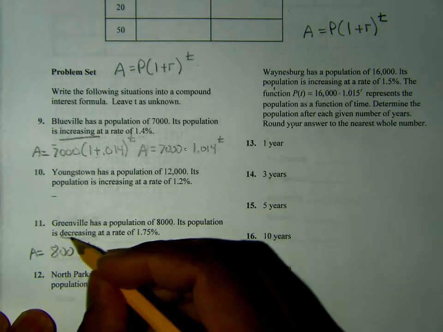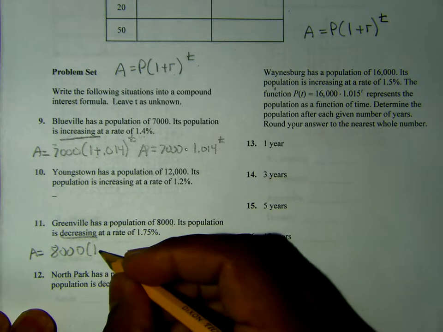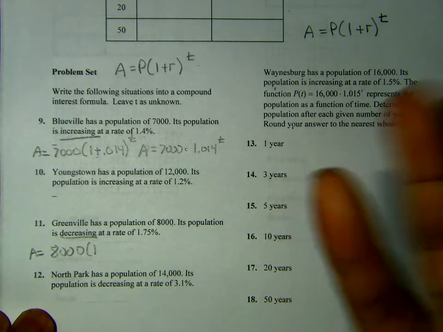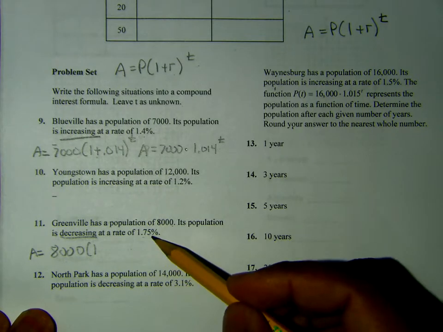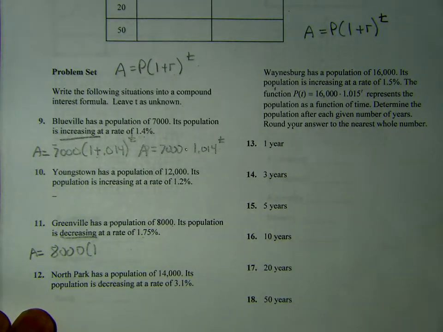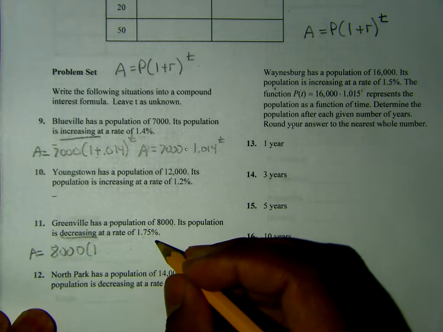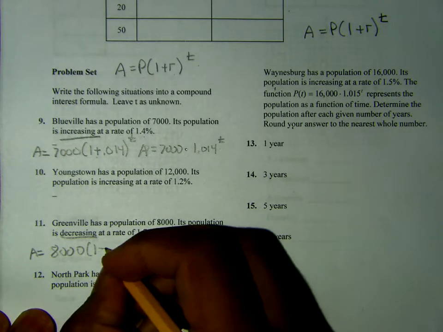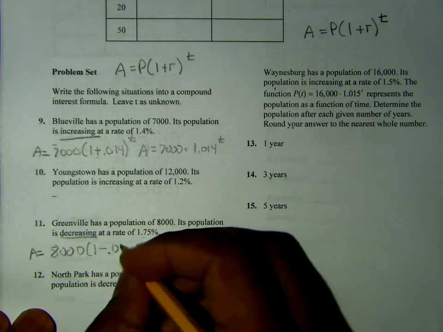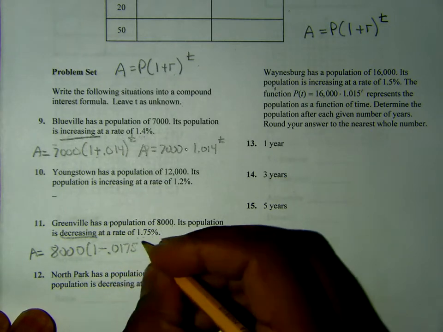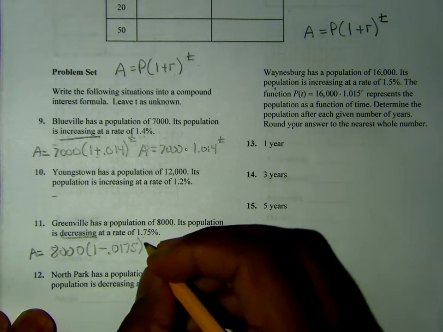Since it's decreasing, instead of putting positive by the rate, it's not going up at 1.75%, it's going down at 1.75%. So we want to put a minus sign here and convert this into a decimal, and then raise it to the t.